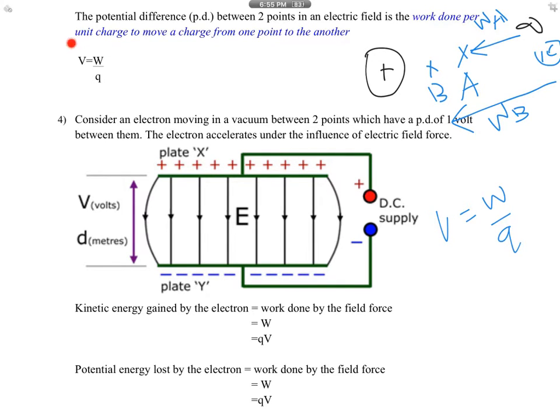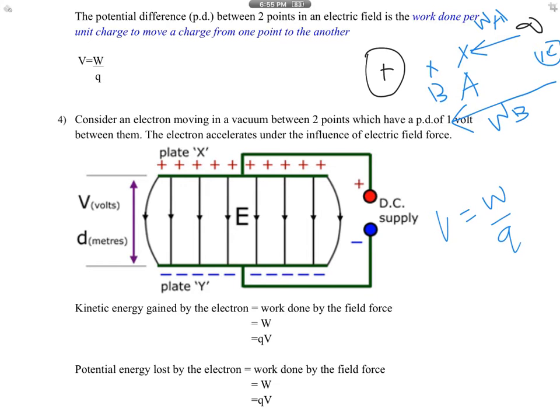So therefore, what is the significance here? If the W represents work done in bringing unit charge from one point to another, that work done is also your change in energy, because when you do work on the charge, you will have a change in energy, either a gain or loss in KE or PE.